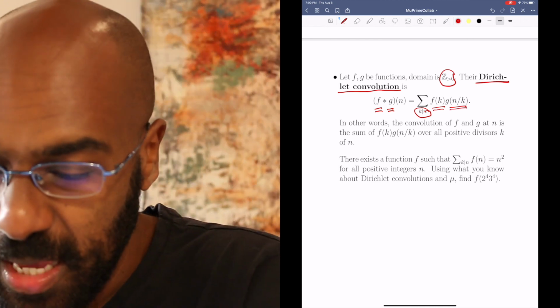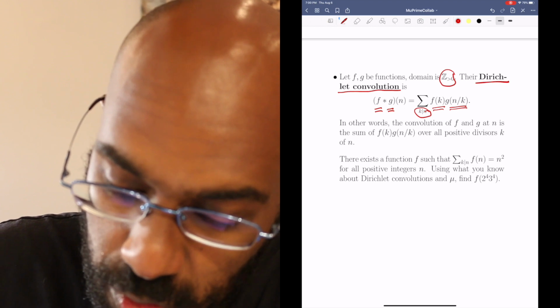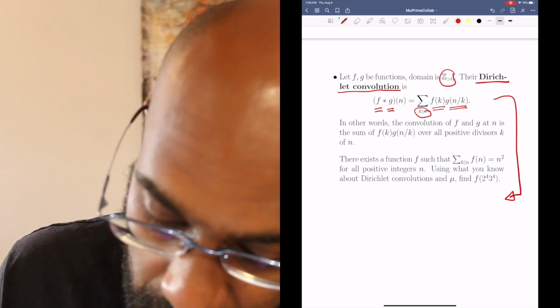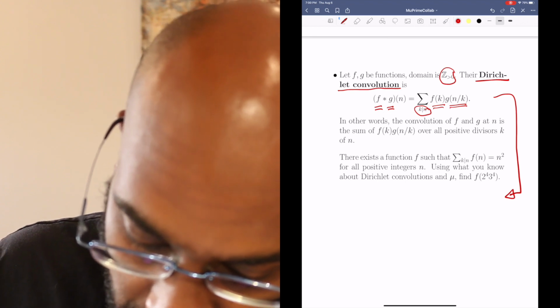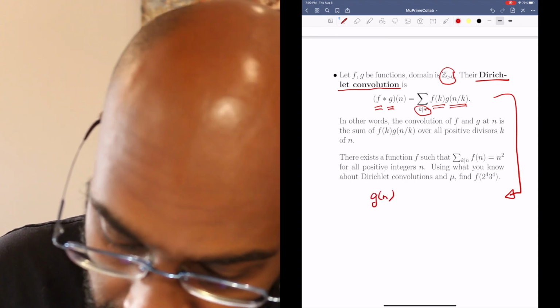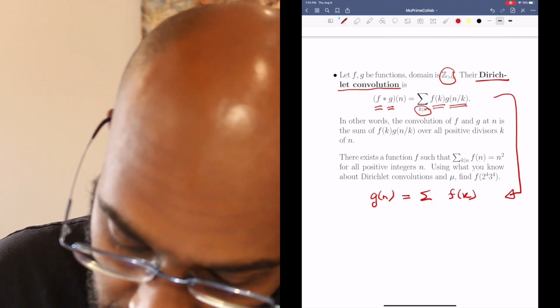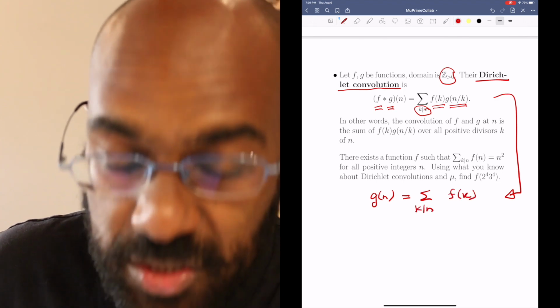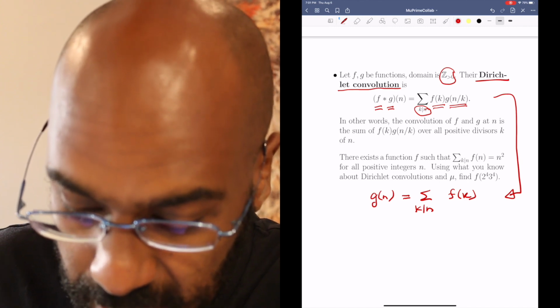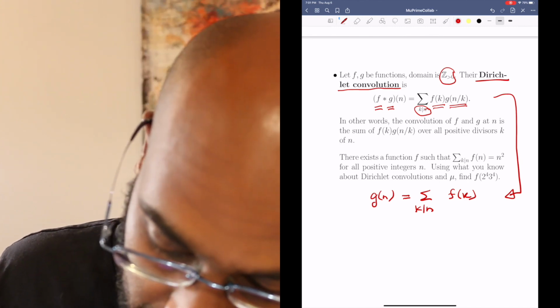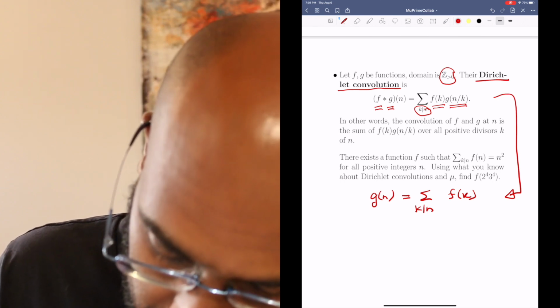Okay, and the big thing that you can do as a consequence of this together with the Mobius inversion we talked about before is if you have a function g that's defined as a sum of a function f over divisors of n, so g of any n is the sum over divisors of n of f, then there's a relationship where you can actually invert this.